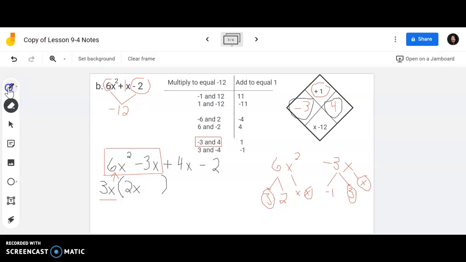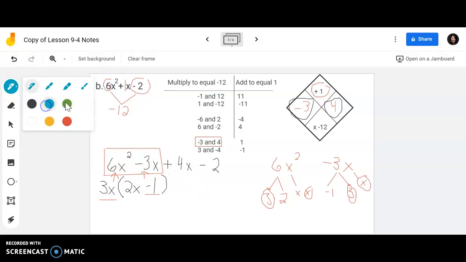For the next one, we need to ask ourselves, 3x times what is going to multiply to a negative 3x? Well, that's pretty simple. It's just going to be negative 1. 3x times negative 1 equals negative 3x.